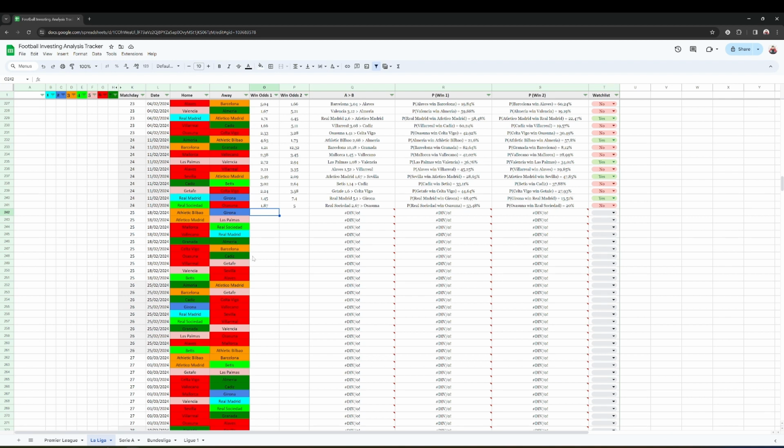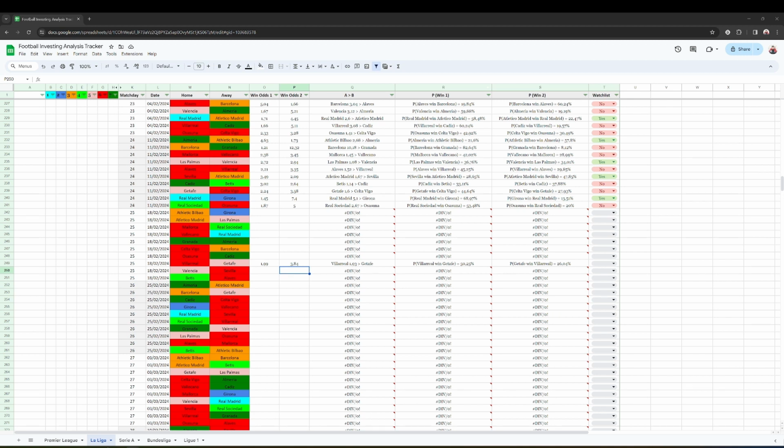Starting with Villarreal Getafe, the game that will be played today. I don't know if Villarreal is better than Getafe, but this is what the market is telling me. 1.99, 3.84 for Getafe. Interesting, isn't it? Now Villarreal is at the moment 13th in the table and Getafe is 10th.